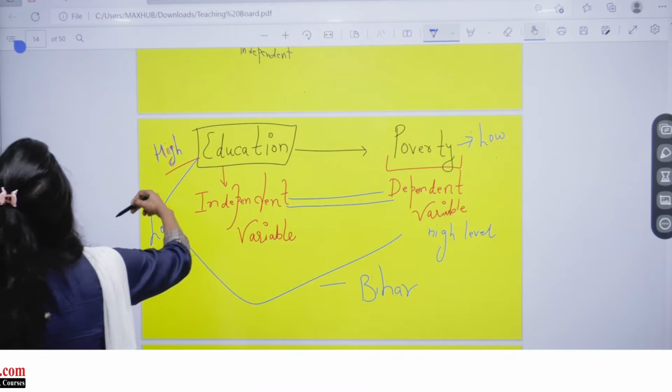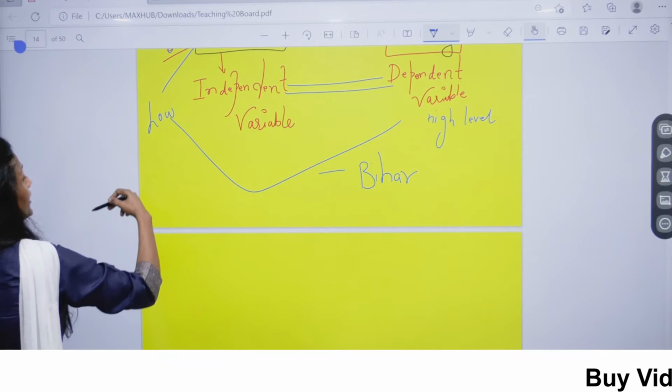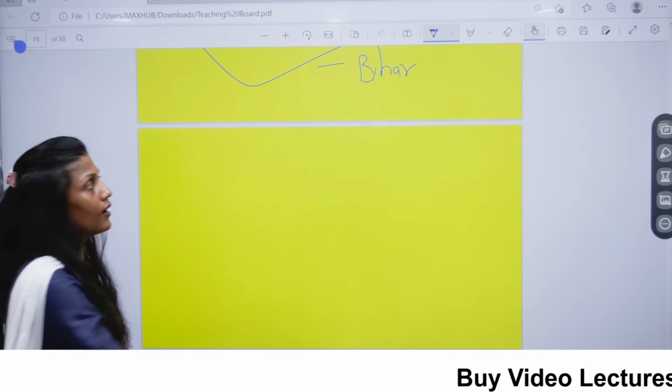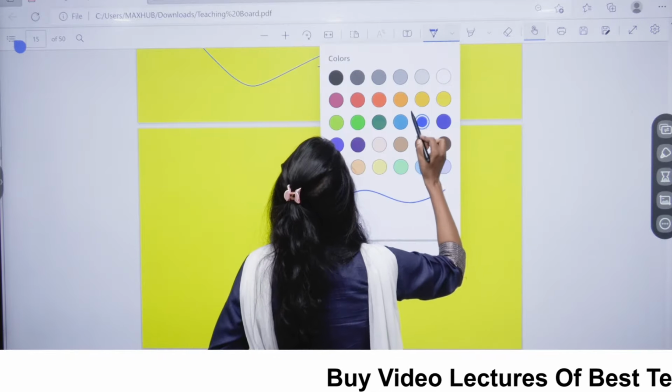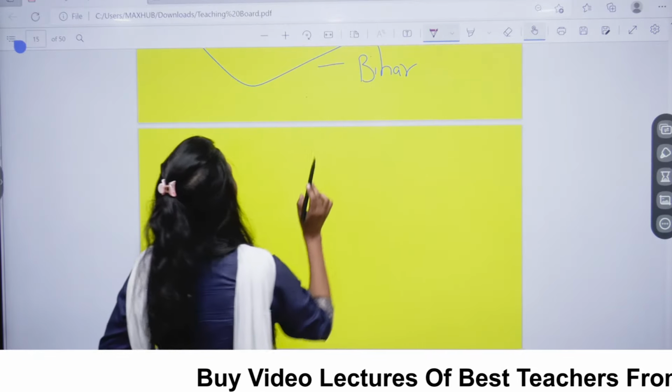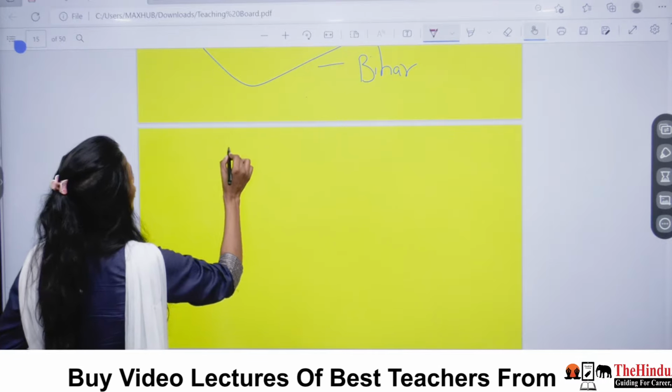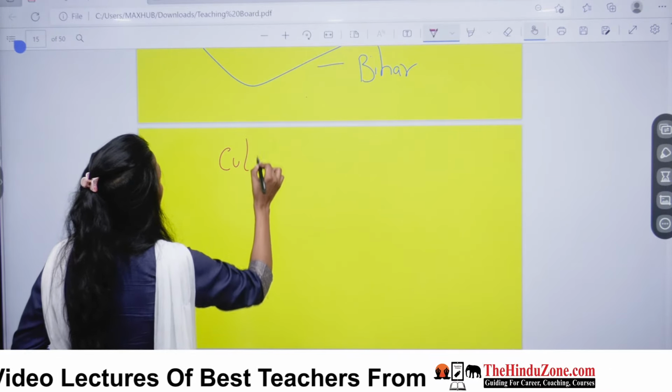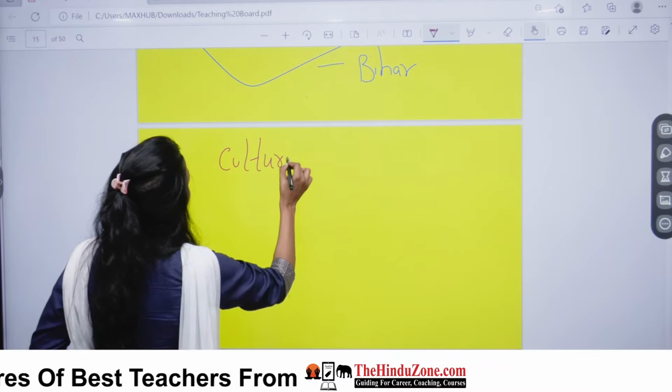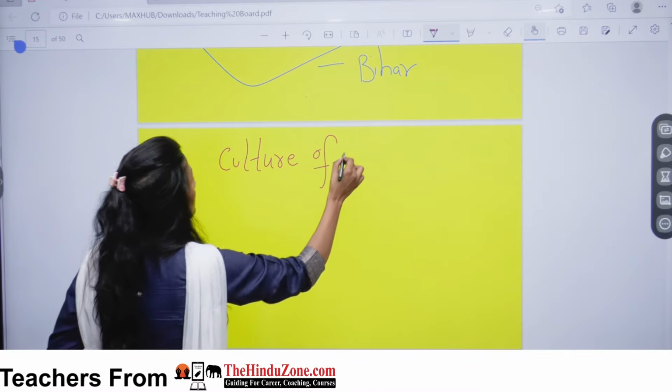UPSC, in fact, has asked a question in prelims with respect to the culture of poverty, about who has written this book called Culture of Poverty. I don't remember which year.